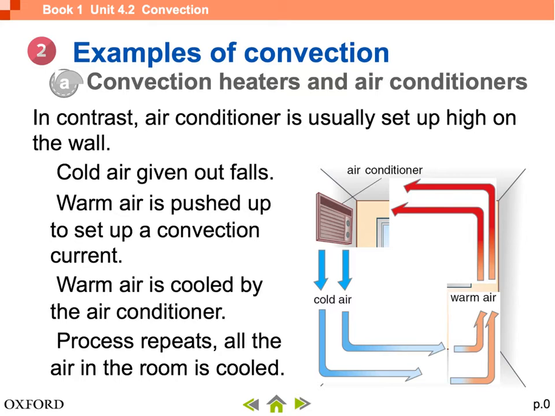So the warm air will be pushed up to set up the convection current, and later on when it is cooled down again, it will sink and move to the right. As this process repeats, all the air in the room will be cooled.